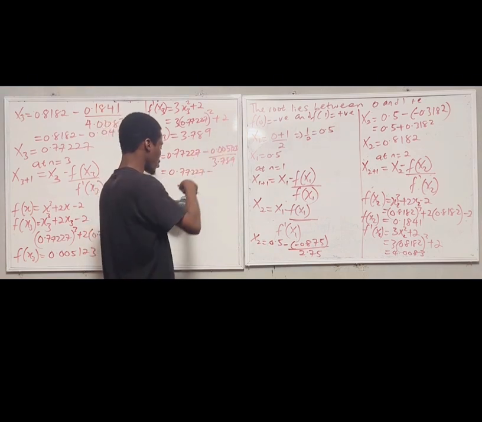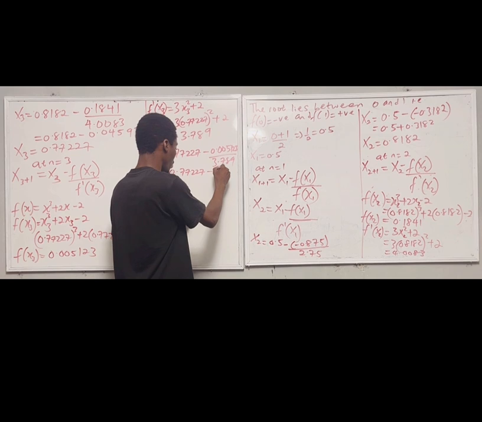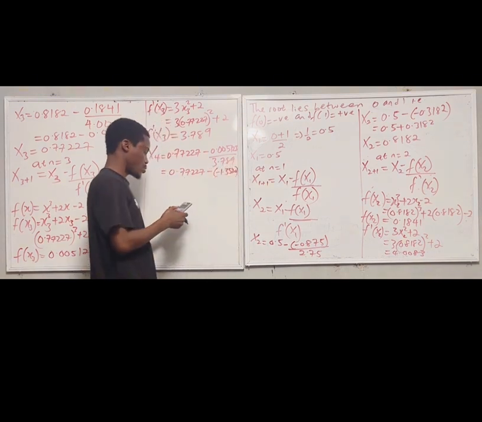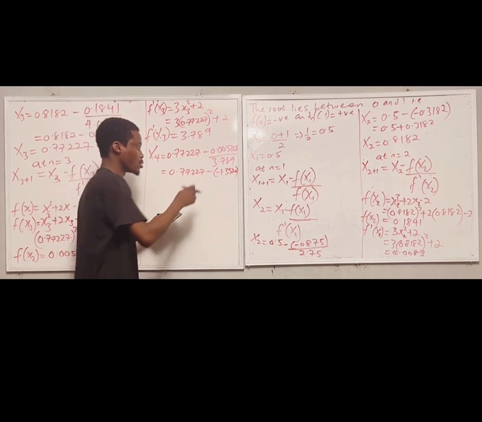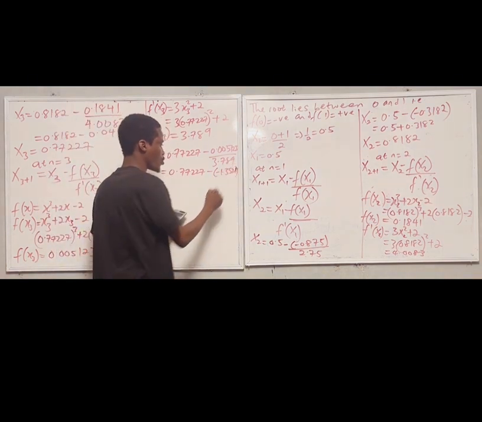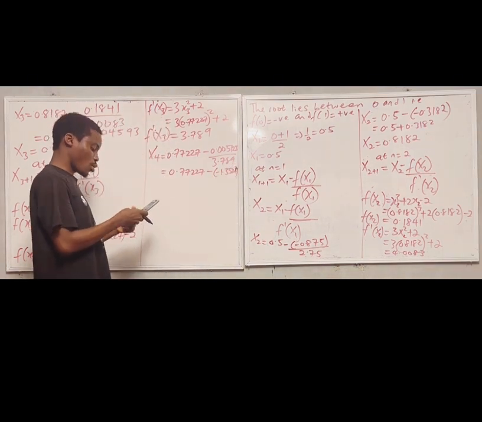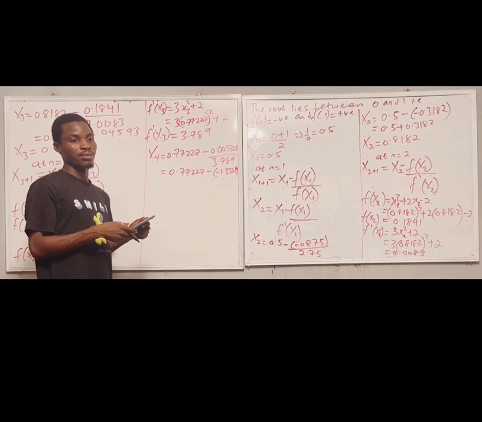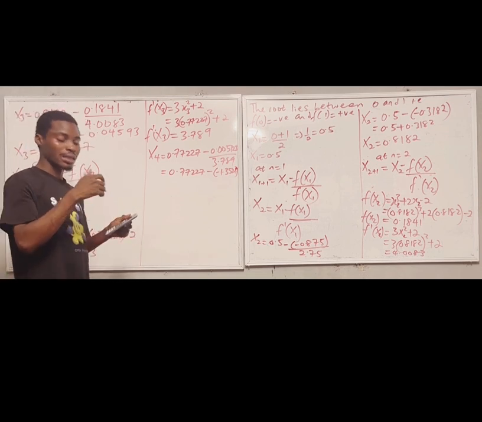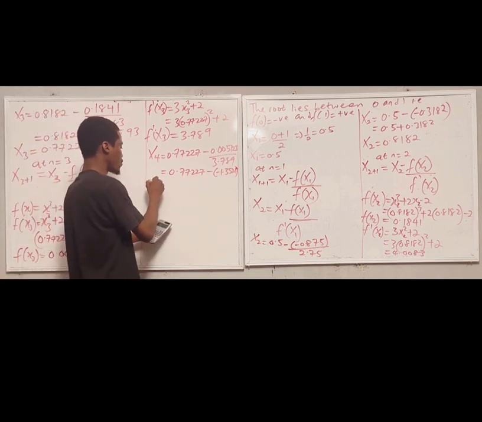So when I solve this, I have minus 0.001352. That is 0.0014 to 4 decimal places. So if I add it to 0.77227, what did I have? I have 0.7709.